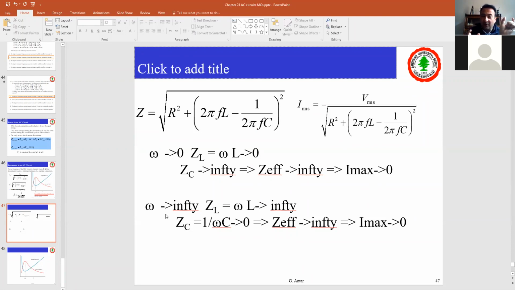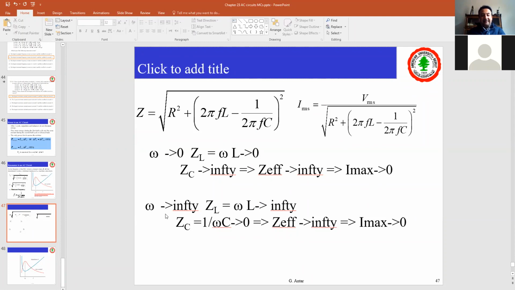Because according to Lenz's law, this battery will come to oppose the change. If this is increasing, this is going to come to decrease it. But since omega tends to infinity, this opposition is optimum, and thus I have a virtual battery equal and opposite to the real battery. And this is all the time, since the signal is always oscillating up and down.